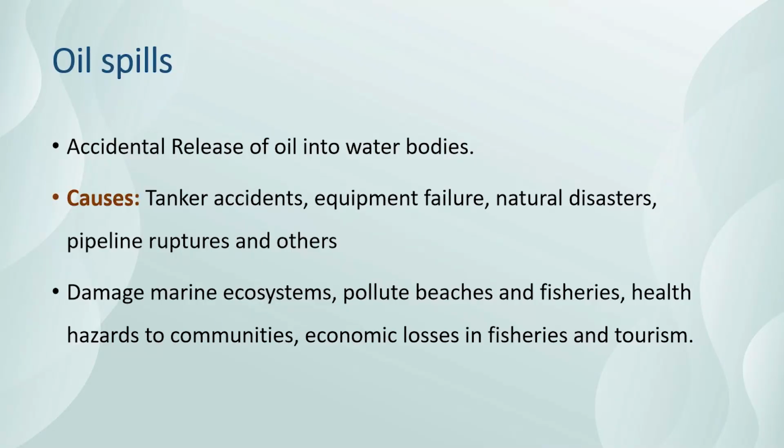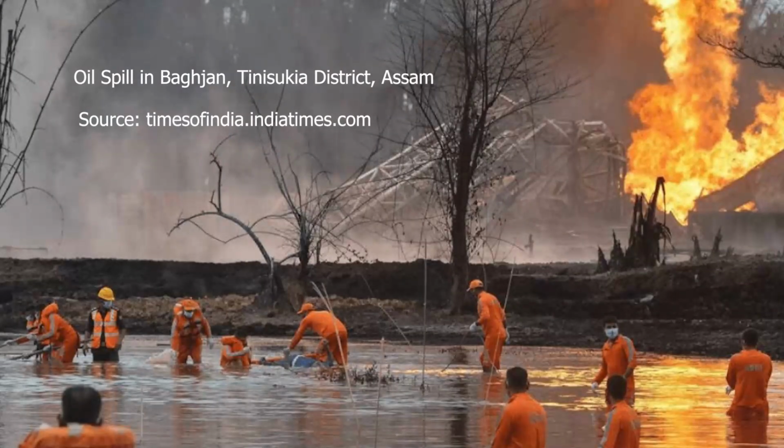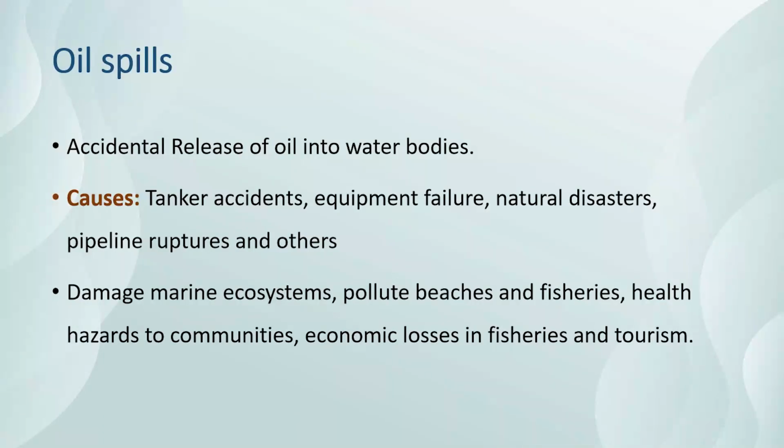Oil spills. Oil spills are another form of man-made disaster. Accidental release of oil into water bodies causes huge loss to communities and people. The main causes might be oil tanker accidents, equipment failure, natural disasters, pipeline ruptures, and others.